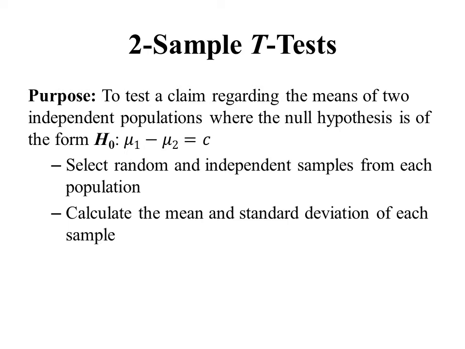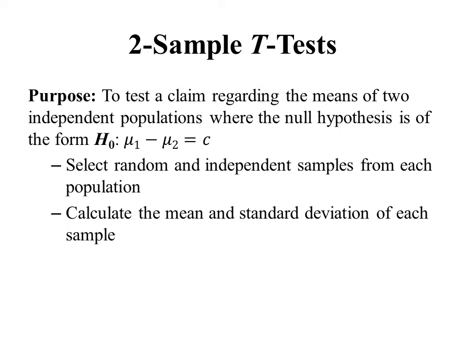Our two-sample t-test, the purpose is to test a claim regarding the means of two independent populations where the null hypothesis is of the form mu1 minus mu2 equals c, where mu1 and mu2 are two population means, and c is some number. In this particular example, c is equal to 0, and that's probably going to be the most common value of c, but c could be really any number.